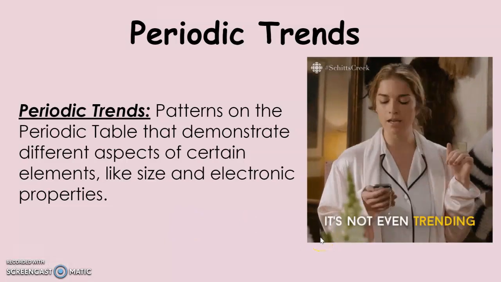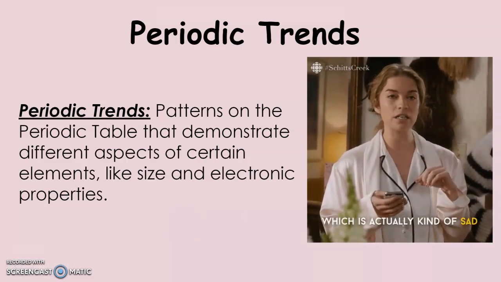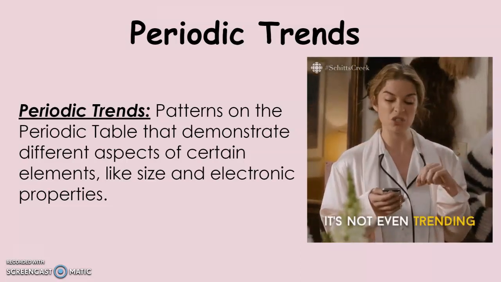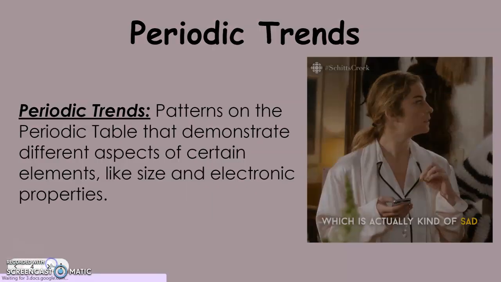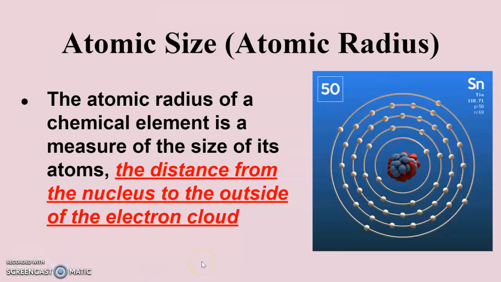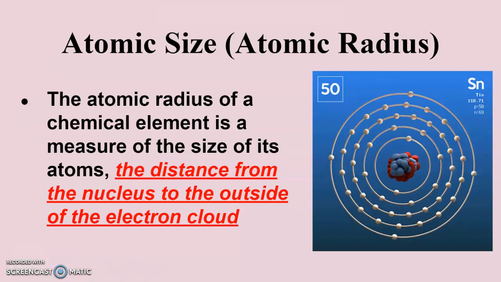So a periodic trend is just a pattern on the periodic table that demonstrates the different aspects of certain elements, like the size and the electronic properties, which we'll be talking about today. So first, let's talk about the atomic size, so the atomic radius, how large the atom is.